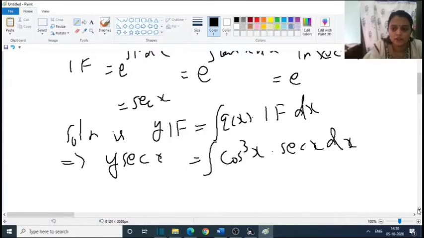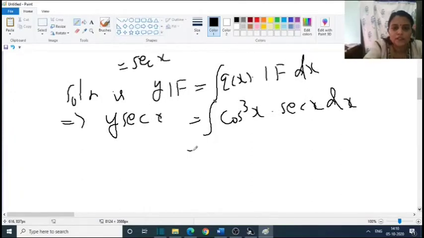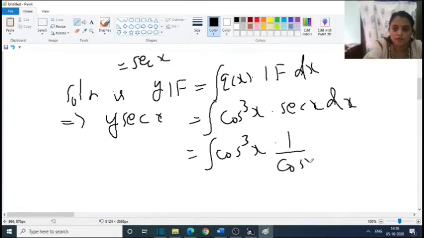Which is equal to integral cos cube x into, sec x is 1 by cos x, so we can write this as 1 by cos x dx. So the cos x cancels, so integral cos square x dx.